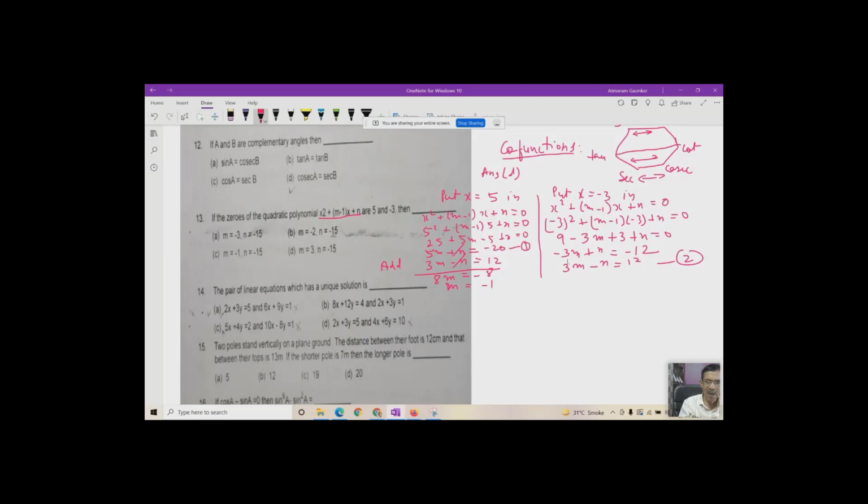Putting it in equation 1 or 2, you will get n is equal to minus 15. So m is equal to minus 1 and n is equal to minus 15. So the answer is C.